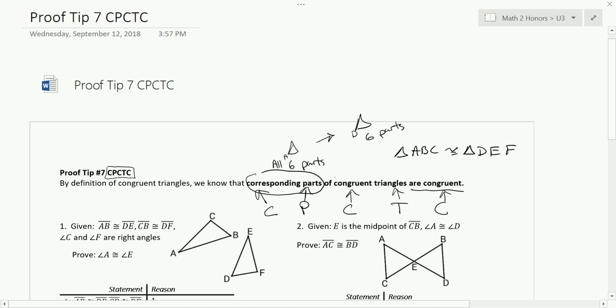There's a way to abbreviate some of those things, like writing a triangle symbol for triangles and a congruent symbol for congruent. But if you don't want to write it out a lot, then learn quickly what it means, and then you can use CPCTC. But if I see you using CPCTC, I can cover it up and ask, what does that mean? You have to be able to tell me. All right.